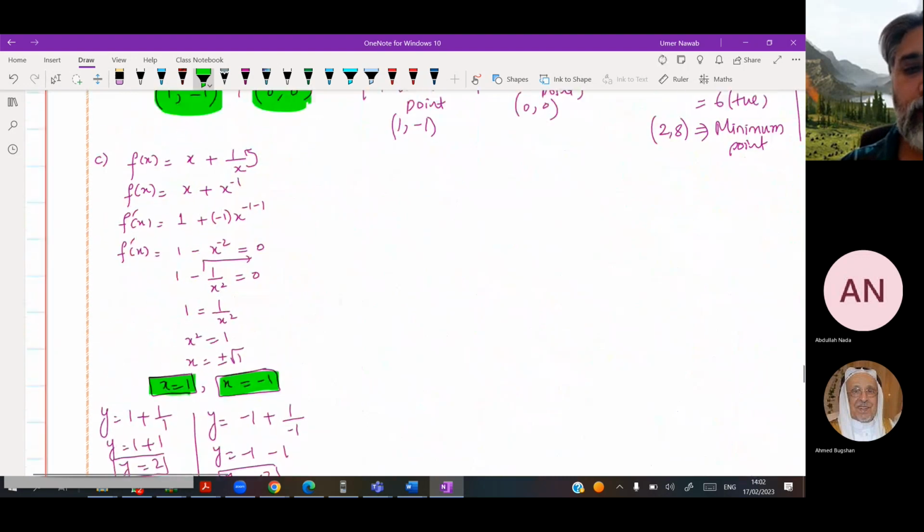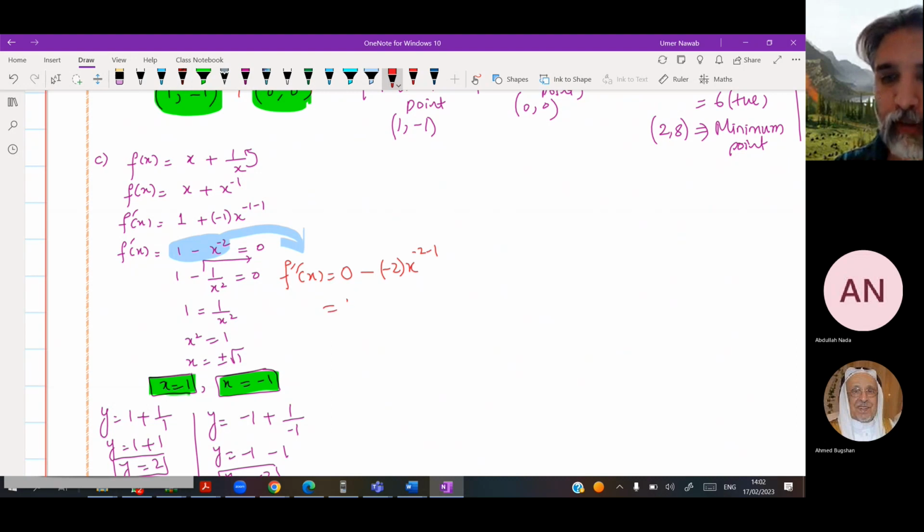For this reason, I need to get the second derivative. So this was the first derivative I found. Now I'm going to find my second derivative. The derivative of 1 is 0, minus the -2 goes back, -2 minus 1. This becomes 2x to the power of -3, or I can write it as 2 over x power 3.